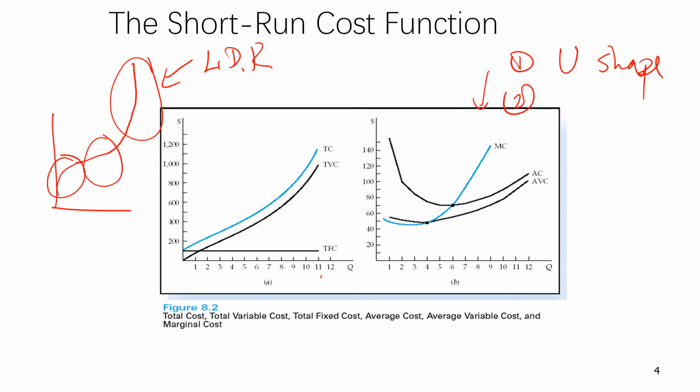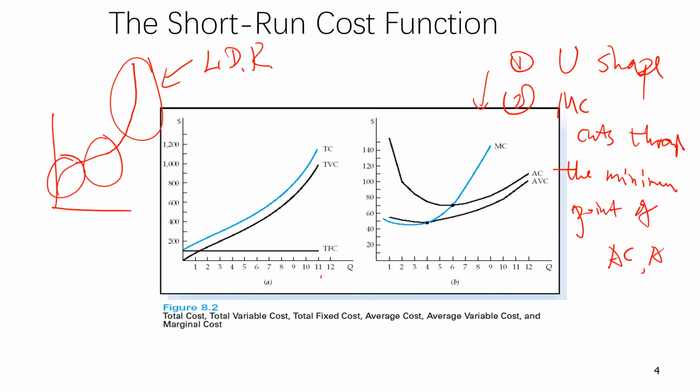Second observation from this diagram is that the marginal cost curve cuts through the minimum point of average cost and average variable cost. Why is that the case? So it's this point.